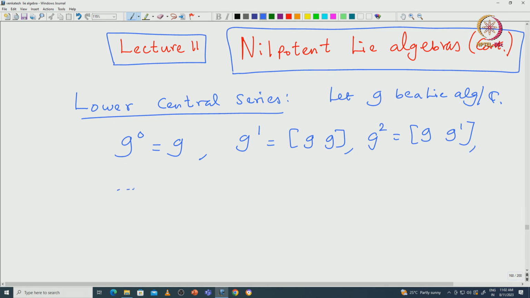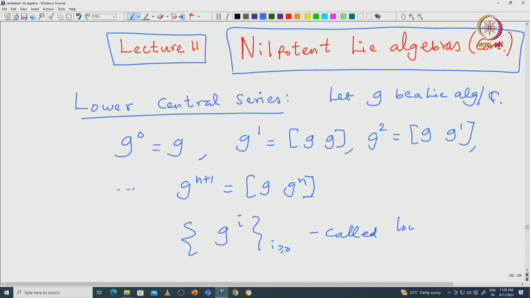And so on. Suppose we have defined g^n, then g^(n+1) is defined to be the bracket [g, g^n]. So, the sequence g^i, where i is greater than or equal to 0, is called the lower central series. Okay.